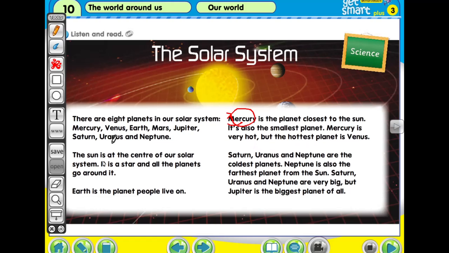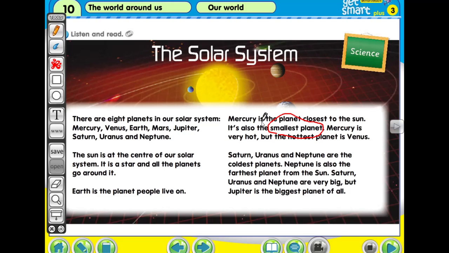Okay, and then we look at the next statement. It's also the smallest planet. Our question will become, which is the smallest planet?